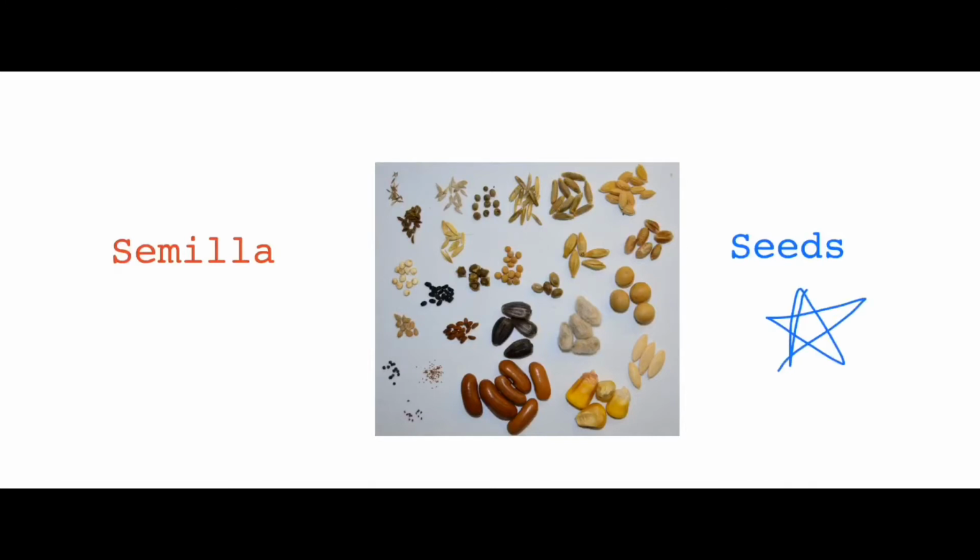Seeds are objects that are planted in the soil or dirt to grow trees and plants. There are many kinds of seeds because these different seeds create different types of trees.